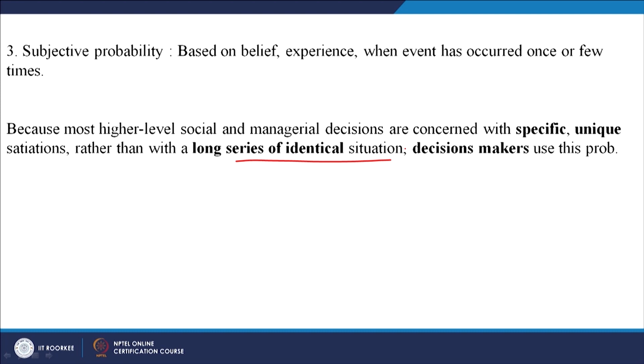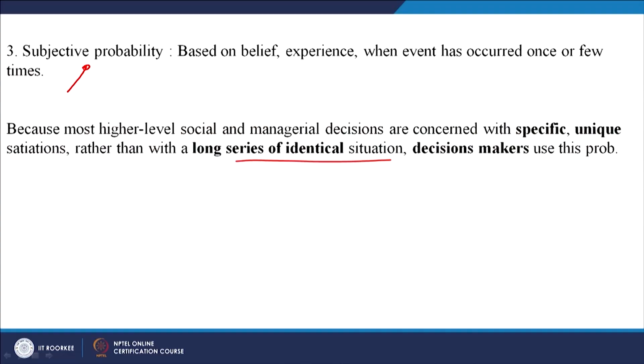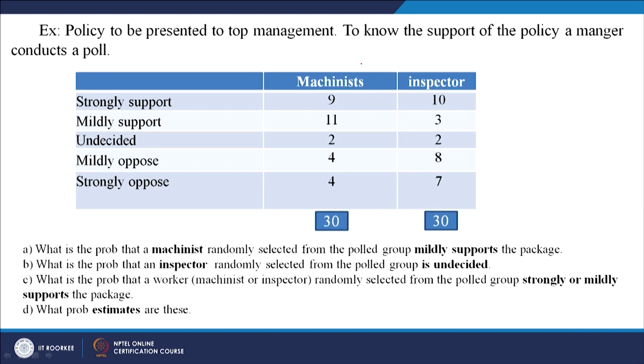So, they use their experience, their knowledge, their wisdom to make necessary decisions. This type of probability is known as subjective probability. It is based on belief, experience and judgment. Let us look at a couple of exercises.